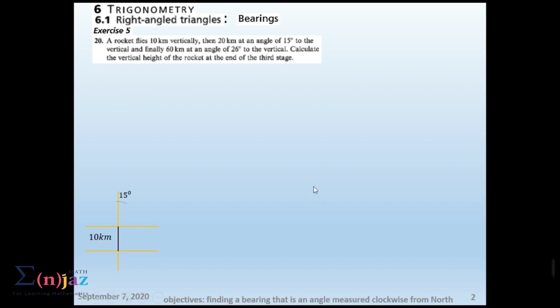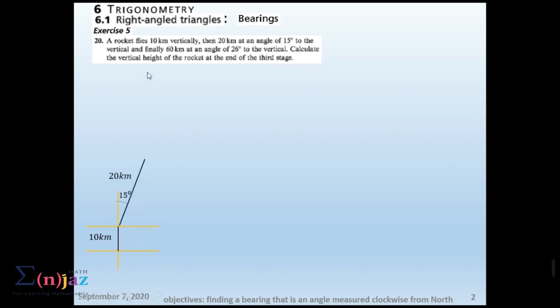And like I said, let's go back a little bit. Like I said, at the ending point, which is here, we draw another coordinate plane. And we measure the 15 degrees and then I draw the line that is 20 kilometers long.